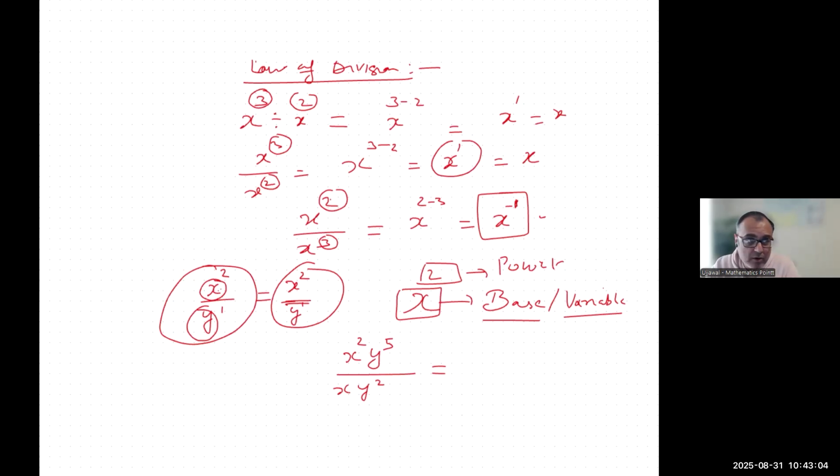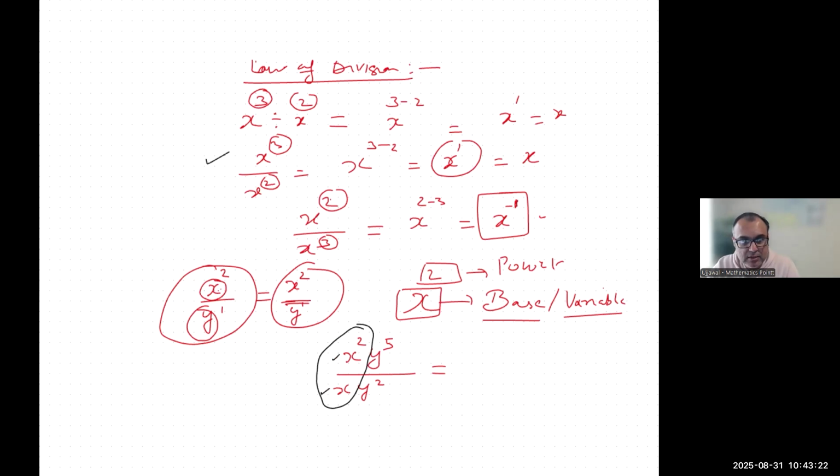What I'm going to do now is collect the variables which look similar. So here x and x look similar. So I will deal with this with the division law, just like here.